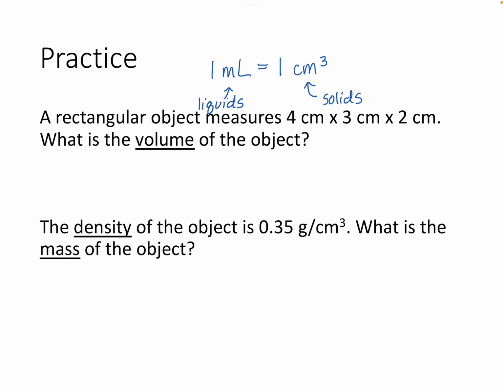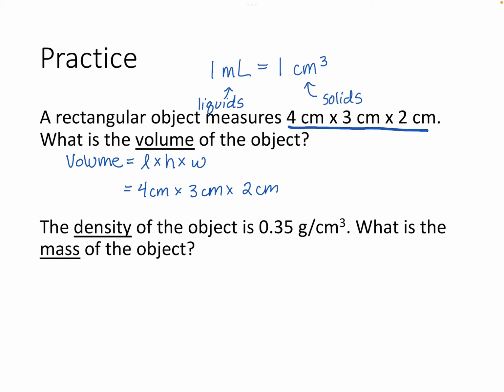All right, so remember, volume of a solid object is equal to the length of the object times the height times the width. So we're just going to multiply these 3 numbers together. So 4 centimeters by 3 centimeters by 2 centimeters.